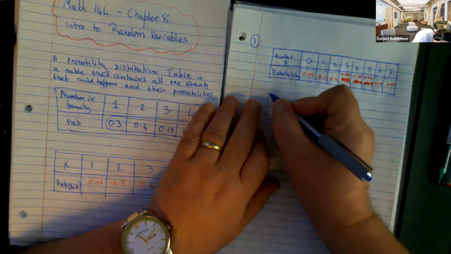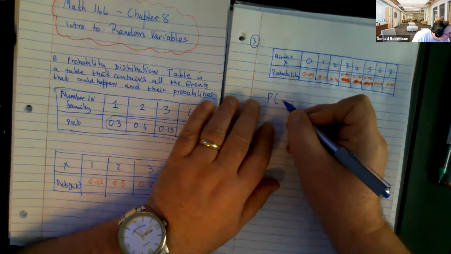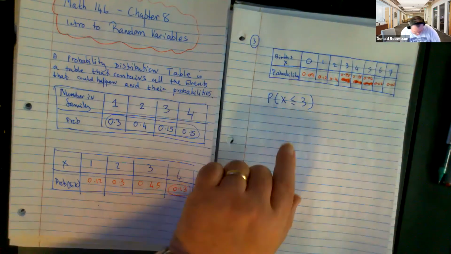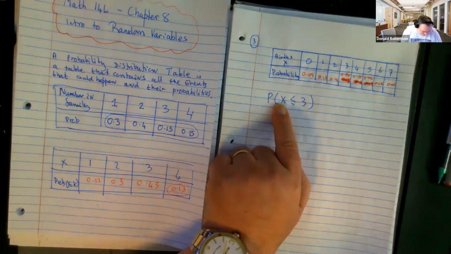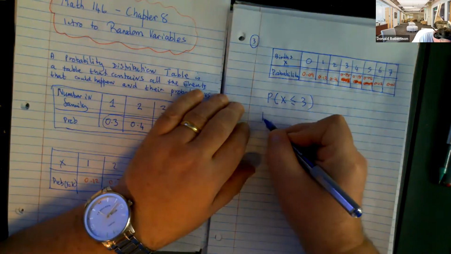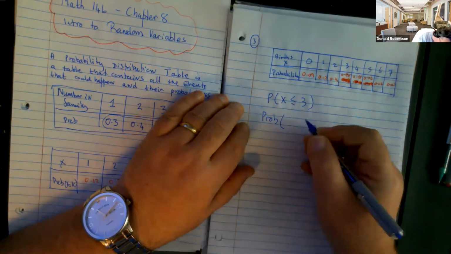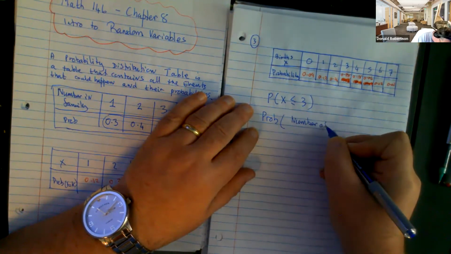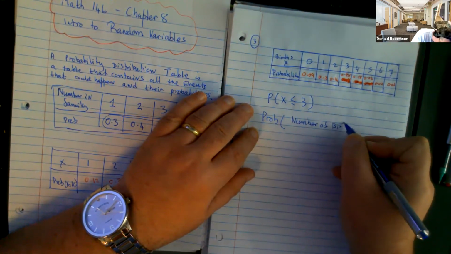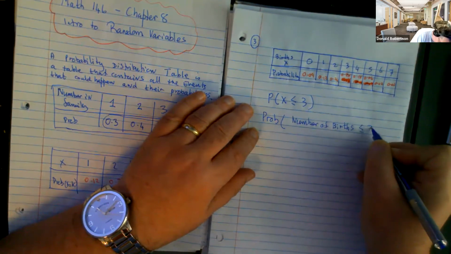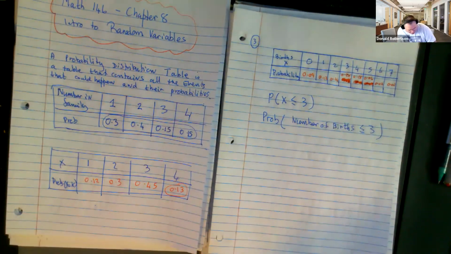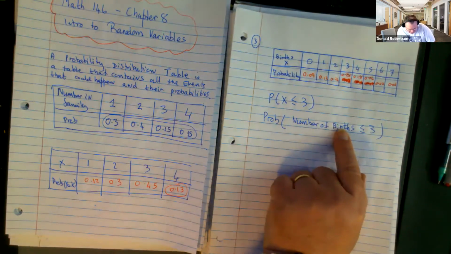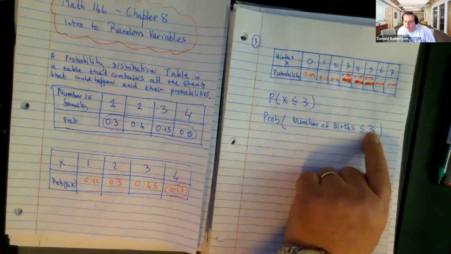So the first question is a notation issue, and it's written like this. X represents the number of births. So if you wanted to write this out a little bit more in English, aren't they asking us what's the probability that the number of births on a given day is less than or equal to 3?